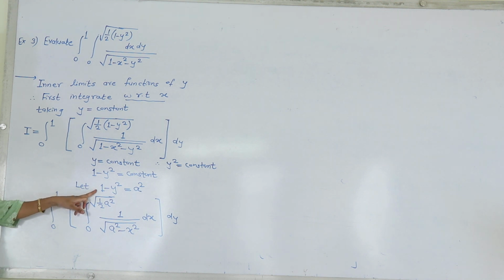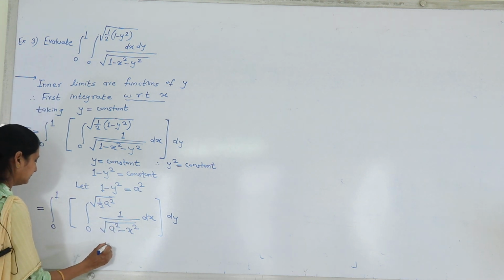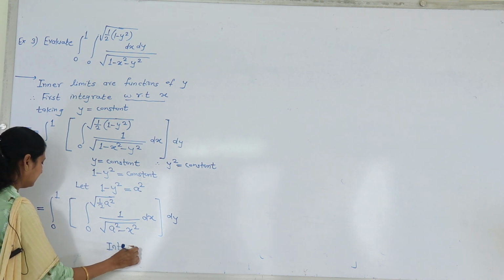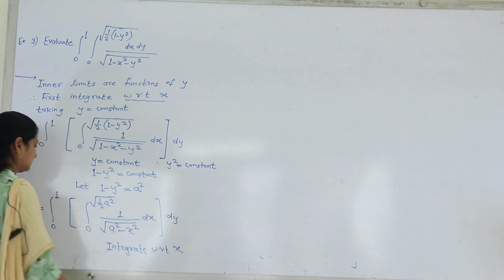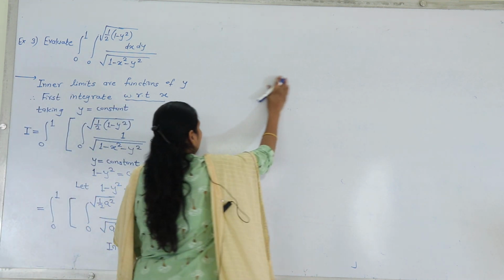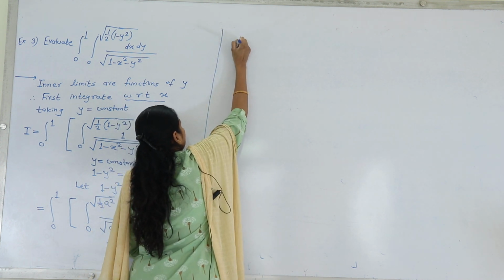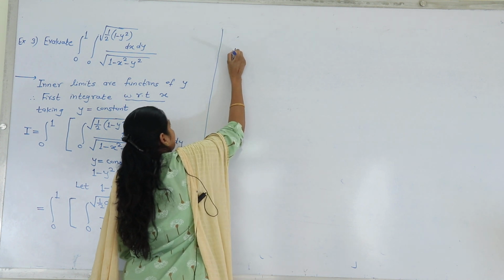This is not a substitution, only we consider that 1 minus y square is a square. Then integrate the first term, which is in the bracket, with respect to x. Then integration is 0 to 1.